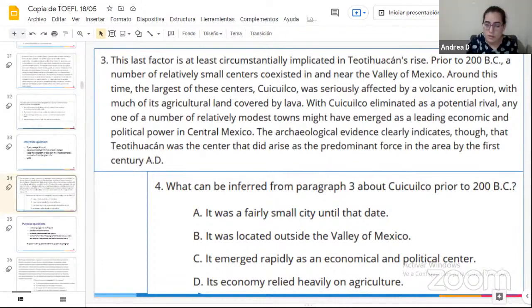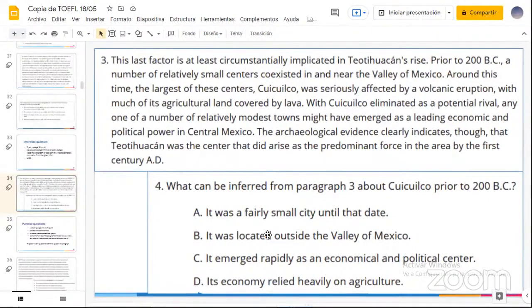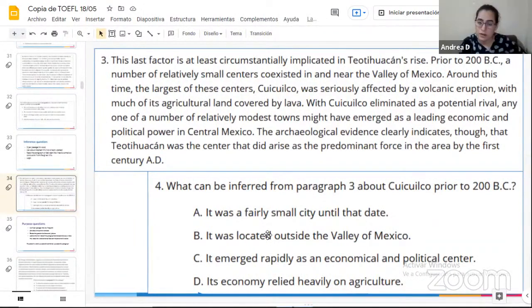Okay, good. Thanks. All right. Any other ideas? Anybody have something different in mind? I think it is the last one, D. Its economy relied heavily on agriculture because when the land was covered in lava, its power declined. Okay.